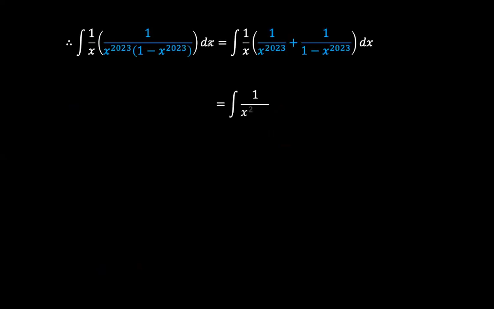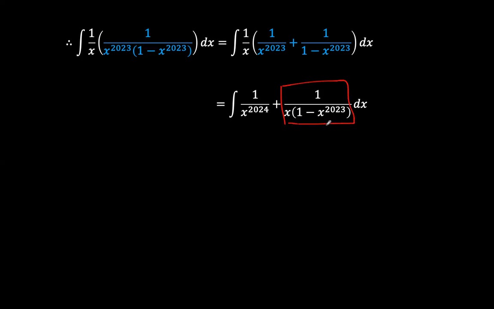Since we've figured out this partial fraction, we'll just plug it in. Our original integral is the integral of 1 over x to the power 2024 plus 1 over x times 1 minus x to the power 2023. So the issue now is, what does this really equal to?